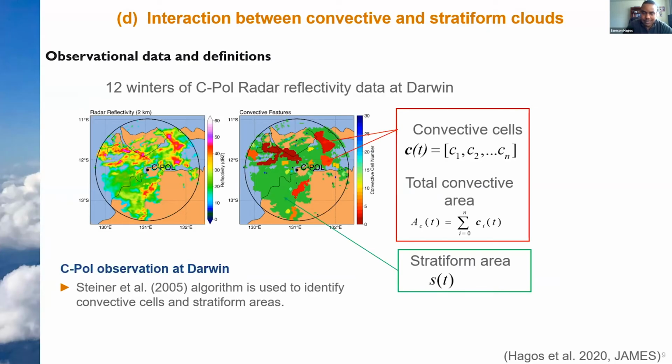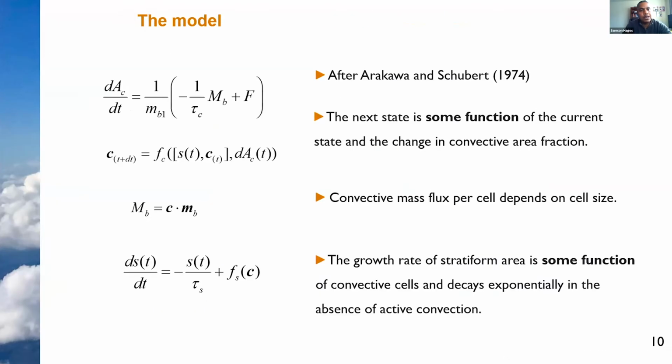Now, in order to understand the interaction, we need a model. So the model looks like this. The first equation is the one that I just described, originally from Arakawa and Schubert. So the problem at hand is now, given a previous state, how does the cell size distribution represented by vector C evolve?